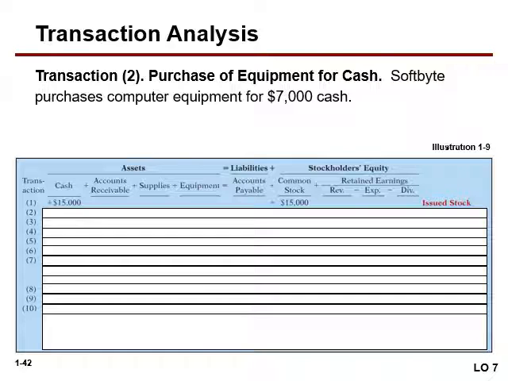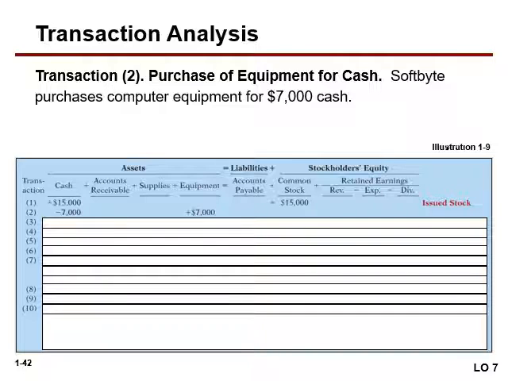Transaction number 2, purchase of equipment for cash. SoftBite purchases computer equipment for 7,000 cash. In this transaction, cash decreases and at the same time one asset also increases. Which asset increases? Equipment. And which asset decreases? Cash.